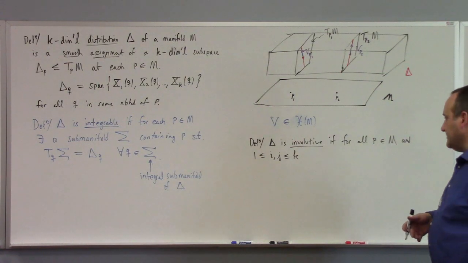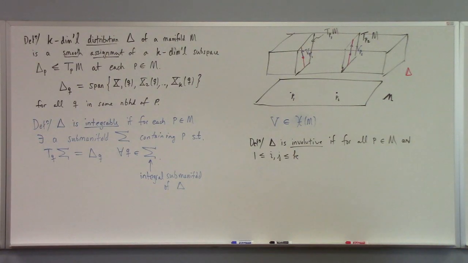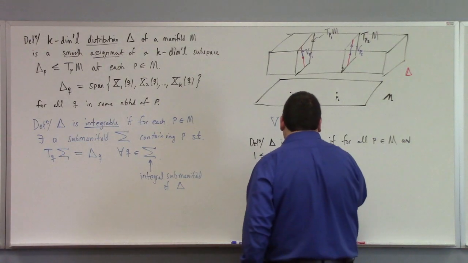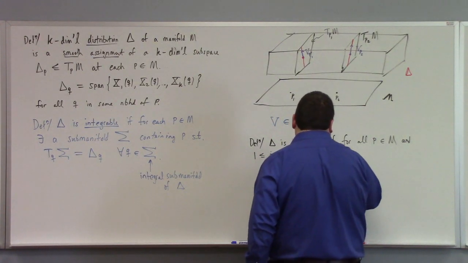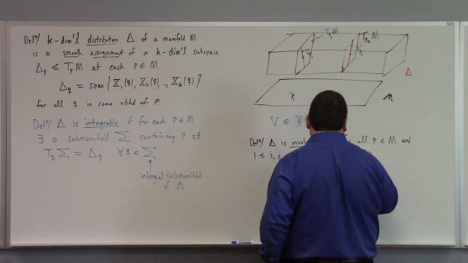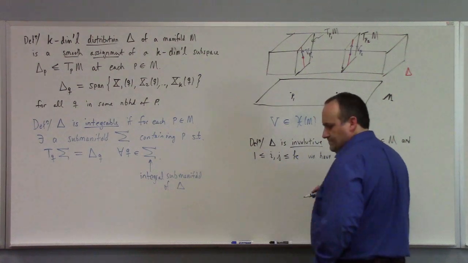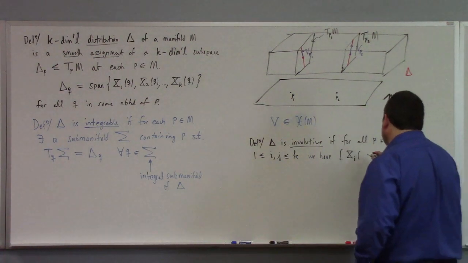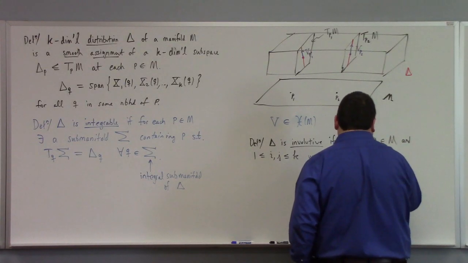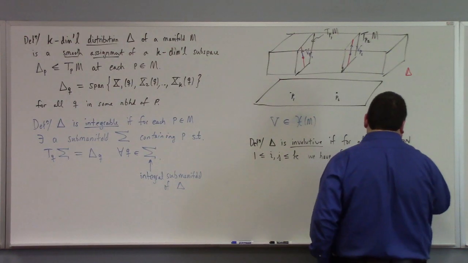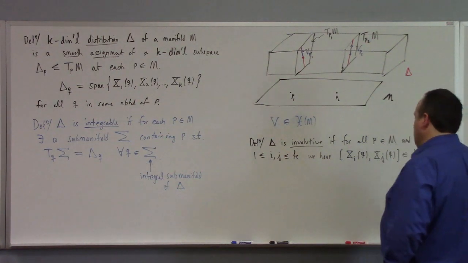Yeah, something like that. So it's involutive if for all p and for all i and j less than k, we have the Lie bracket of x sub i of q with x sub j of q is an element of the distribution at q.